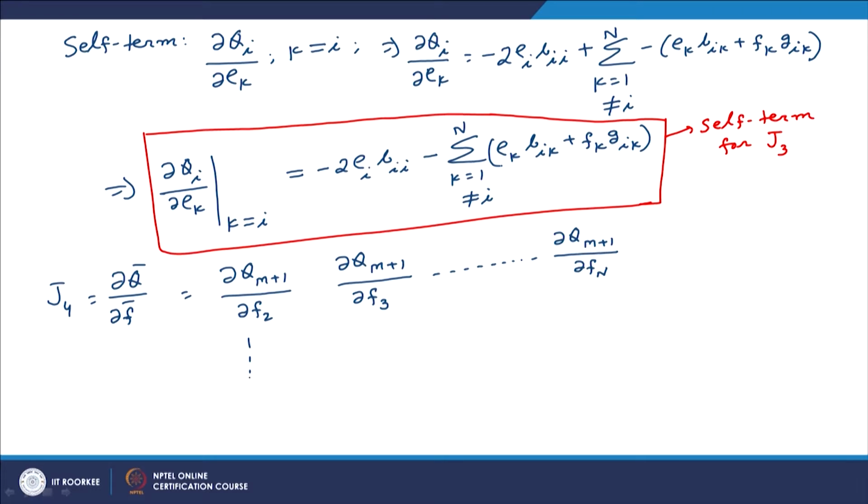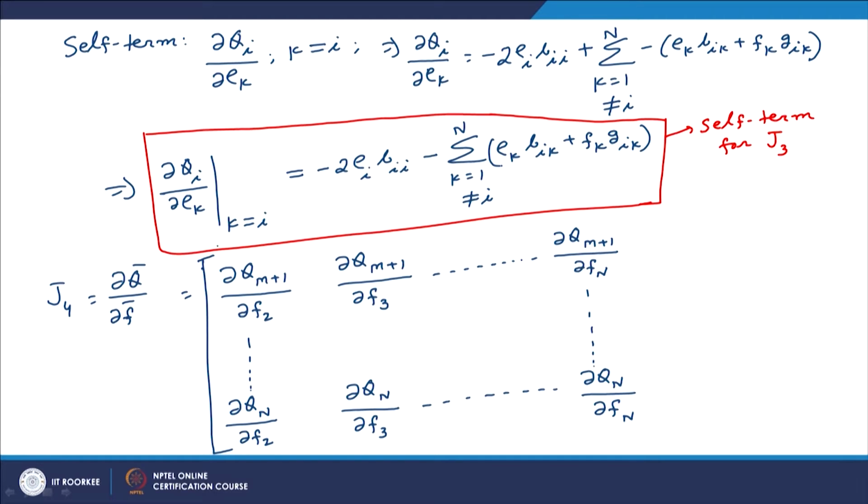It would go up to del Q n by del F2, del Q n by del F3, and del Q n by del Fn.